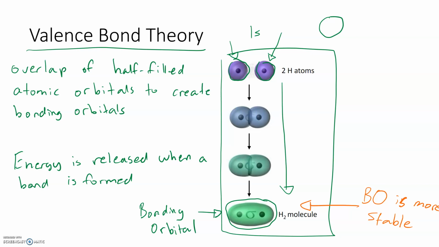Another key thing to note about forming bonding orbitals is that there is an ideal bond distance for each unique pairing that maximizes the attraction and minimizes the repulsion. So when we have two orbitals, this would be too far away for there to be an overlap, and this is too far away for them to form a new bonding orbital. There isn't enough attraction.